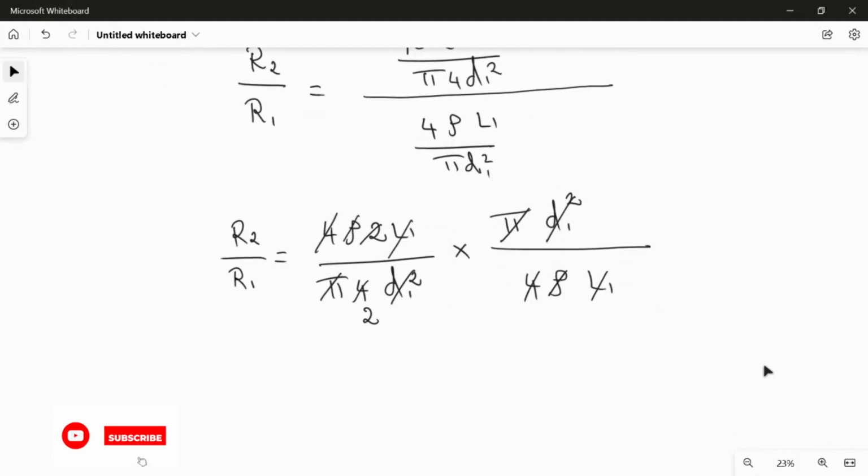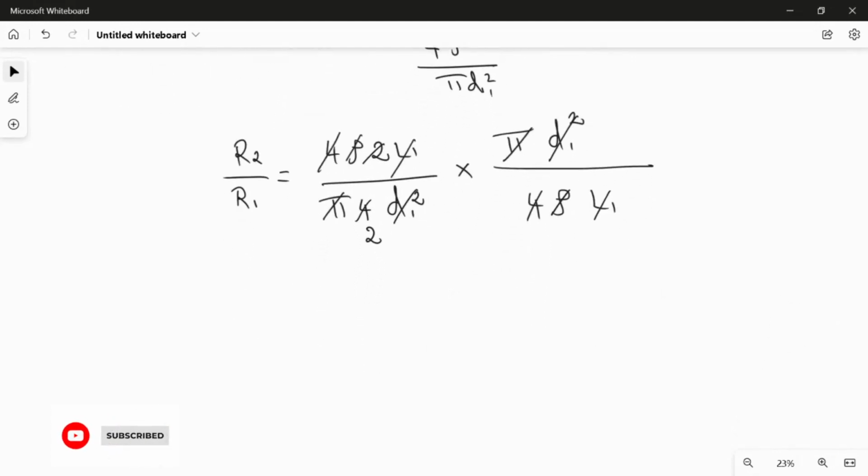The remaining terms are all canceled out. So finally, R2, the resistance of the second wire, over R1, the resistance of the first wire, is equal to 1 over 2.